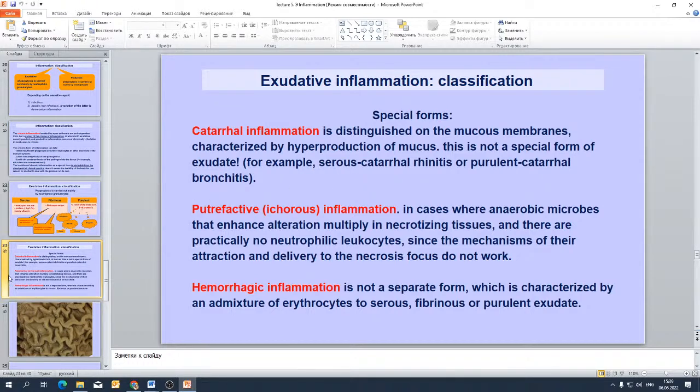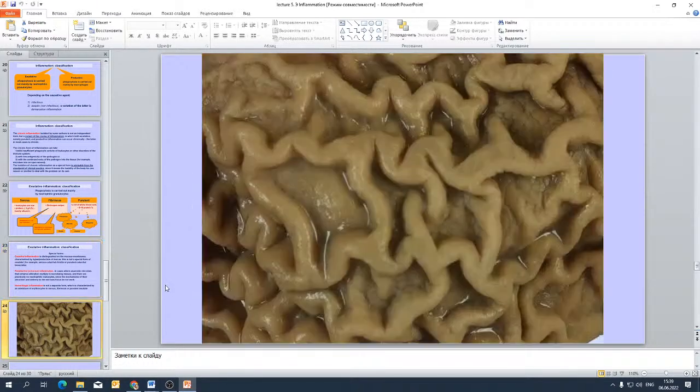Continue. For example, what is it? I show a picture and you write the name of the organs and the type of inflammation.